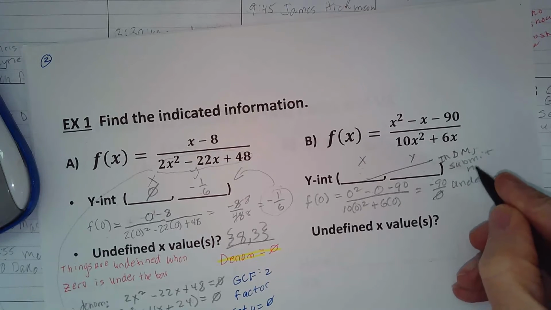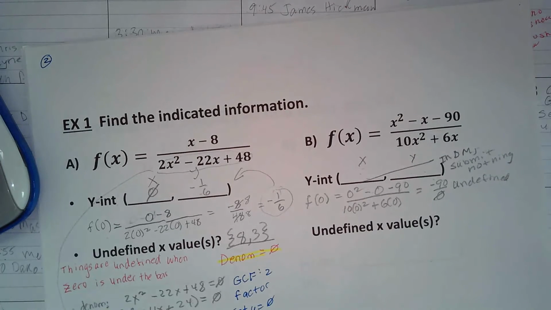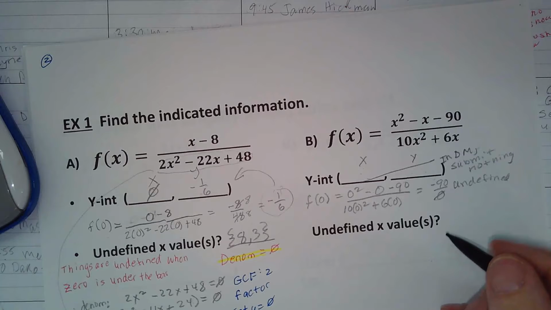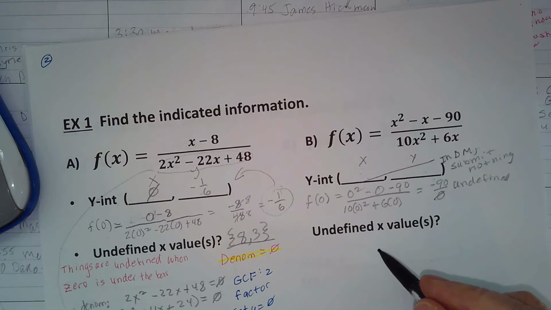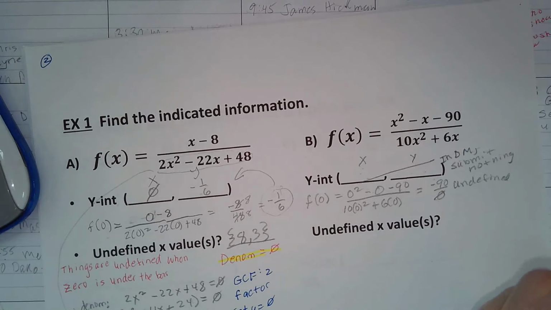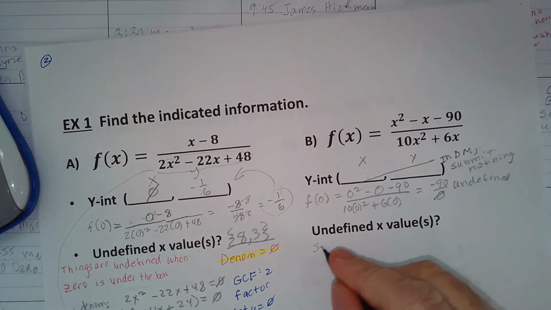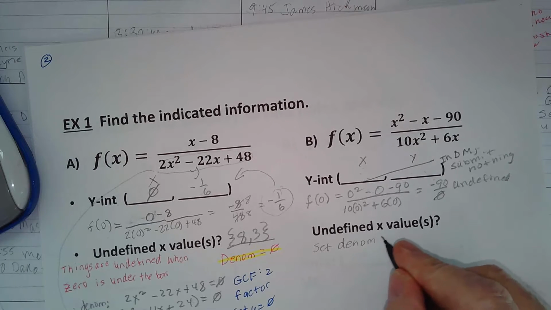Okay. All right, so now we want to find undefined x values. Here we found out our y value was undefined, but now we're going to look for undefined x values. So to do that, set your denominator to equal 0.